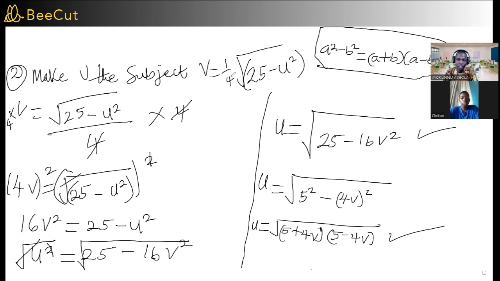You must remove it with a principle. Like when I wanted to remove 1 over 4, I multiplied by 4, just like saying cross multiply. When I wanted to remove the root, I used power. When I wanted to remove the 25 or whatever to the other side, I simply crossed to the other side and it follows the principle of negative changing to positive and positive changing to negative. Is that clear?